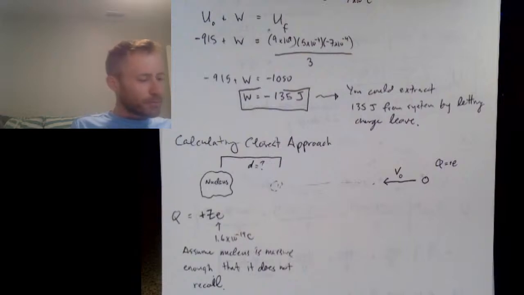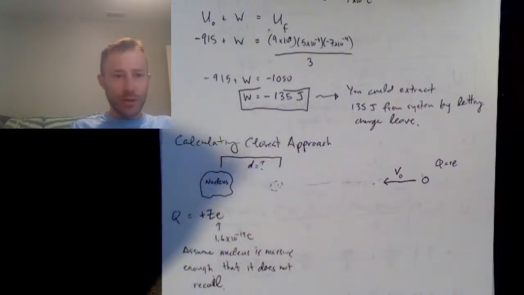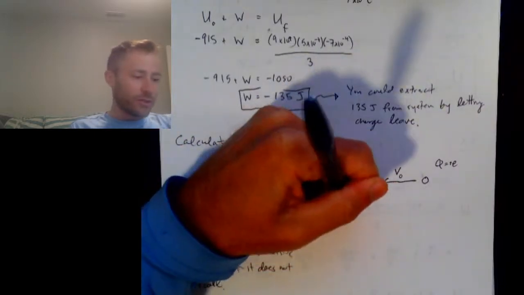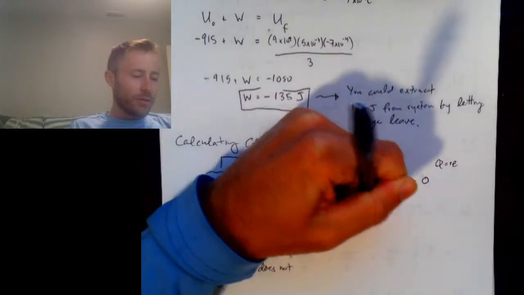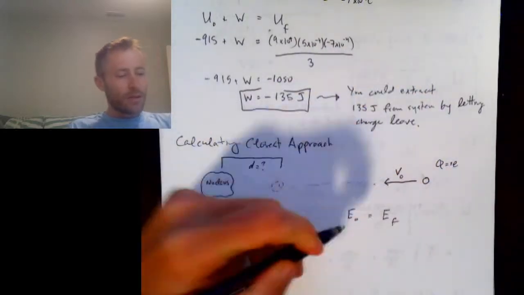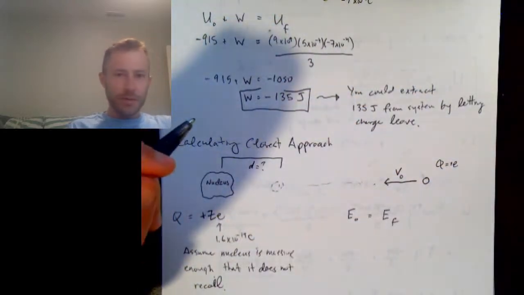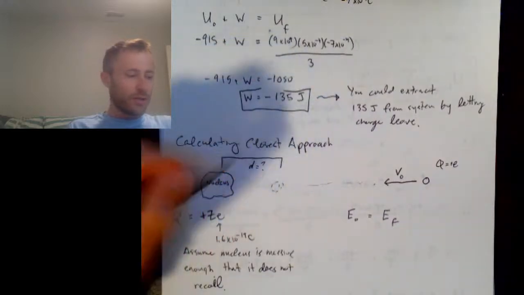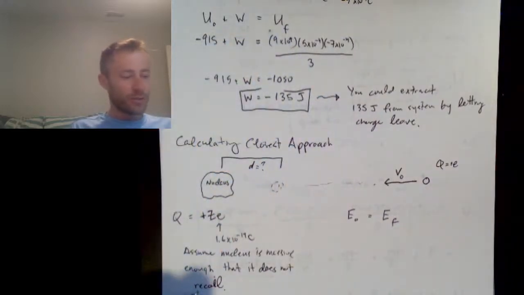So the nucleus has no kinetic energy. So we're going to use initial energy equals final energy. The initial energy is, again, the nucleus doesn't have any kinetic energy because it's so massive it's just staying put.